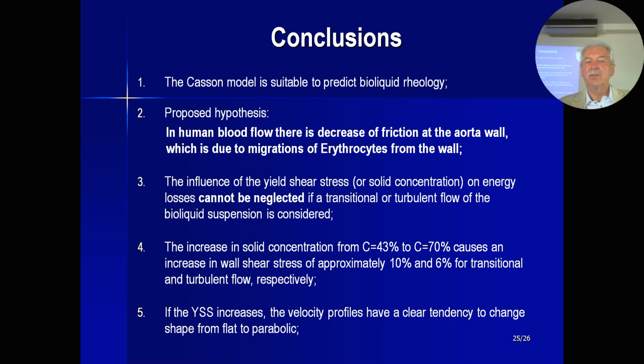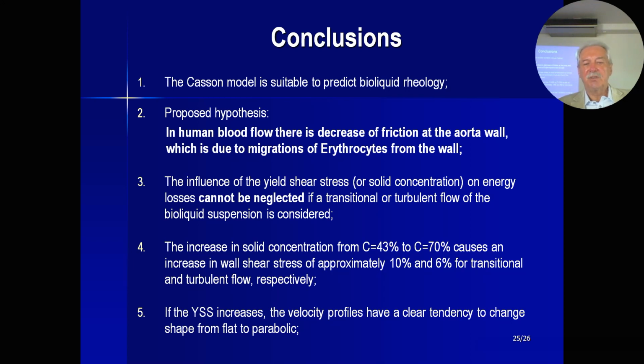The influence of the yield shear stress on energy losses cannot be neglected if transitional or turbulent flow is considered. The increase of solid concentration from 43 up to 70% causes an increase in the wall shear stress of approximately 10% and 6% in respect to transitional or turbulent flow.